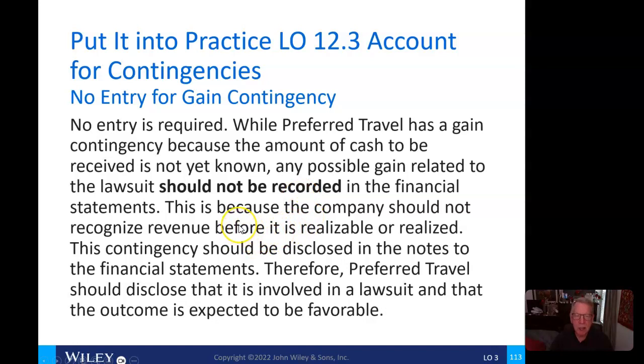This is because the company should not recognize revenue before it is realizable or realized. This contingency should be disclosed in the notes to the financial statements. Therefore, preferred travel should disclose that it is involved in a lawsuit and that the outcome is expected to be favorable.